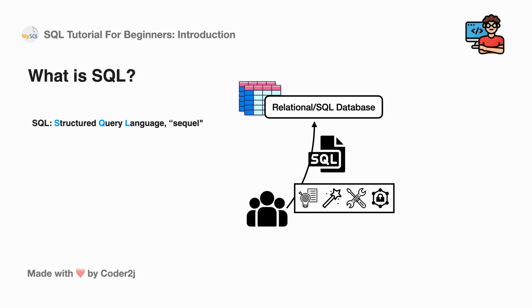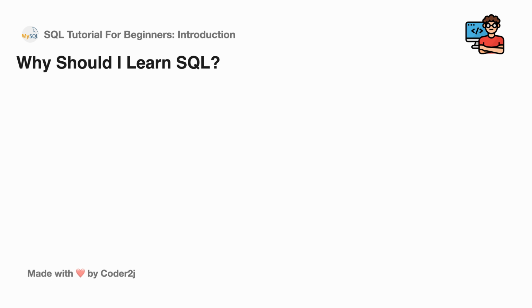You may ask, why should I learn SQL? Since it's a very simple language and widely used in almost every modern software or tech domain, it becomes a must-have skill for any job role that works with data.